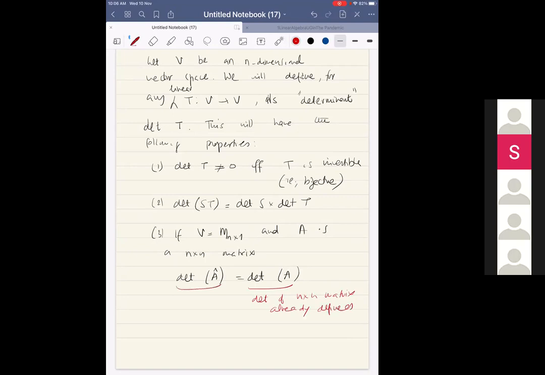And this is the determinant of the associated linear map from M n cross 1 to M n cross 1.